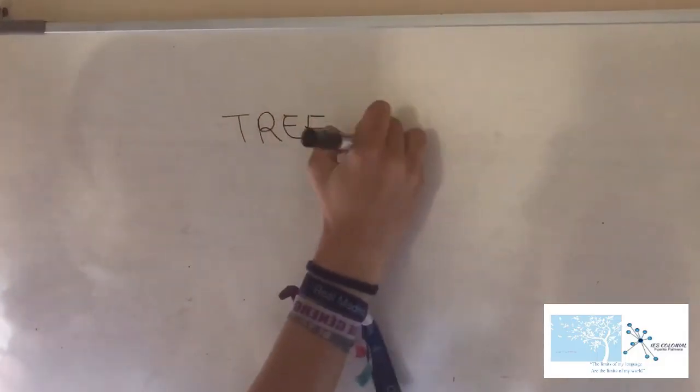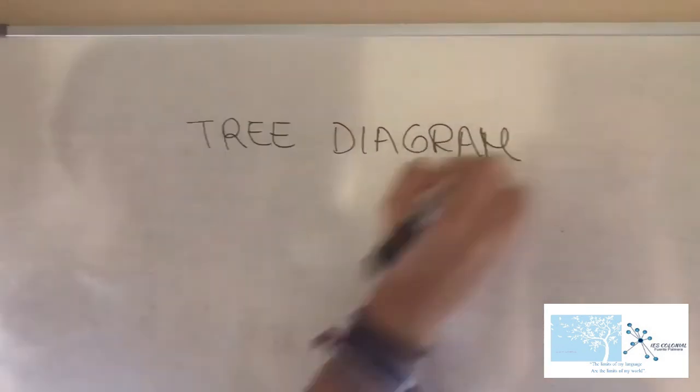Good morning, I am Susana and I'm going to speak about the tree diagram and Laplace's law. Well, if we want to calculate the probability of something, we use the tree diagram.